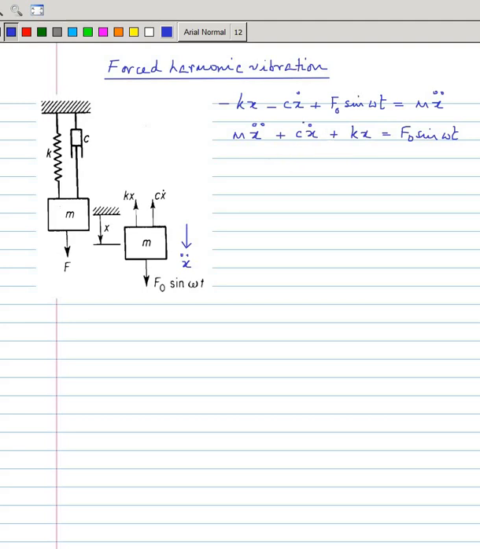So here, since this is viscous damping, this equation is a linear second order equation with constant coefficients. If you consider the complementary function, then the right hand side has to be taken as 0: m x double dot plus c x dot plus kx equal to 0, and that gives you the complementary function, which is the solution for free vibration.